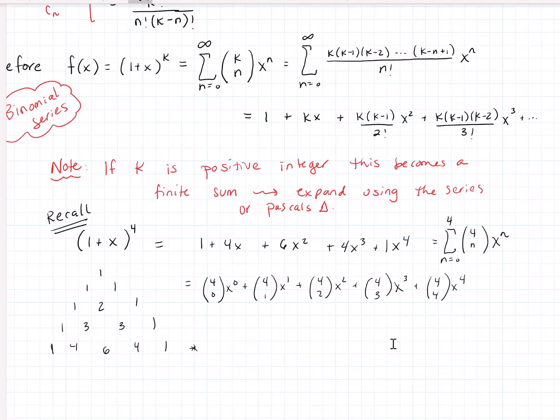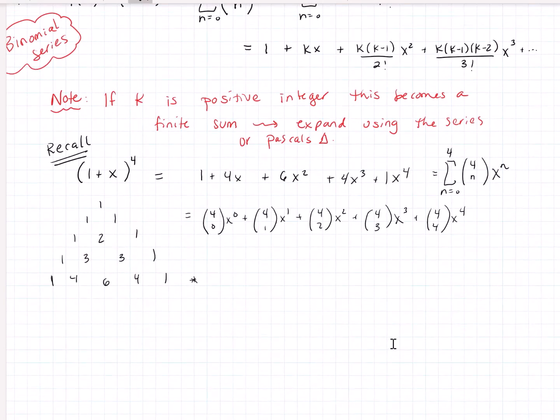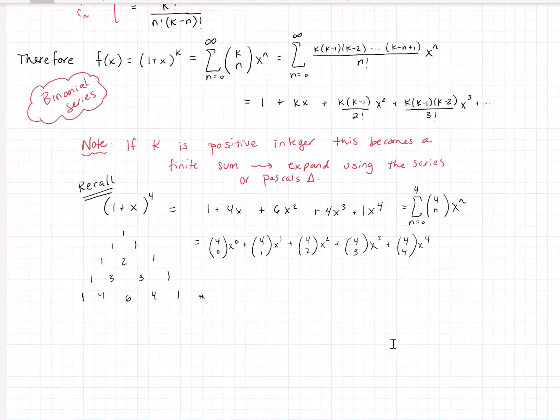So we could work that out, but I'm going to leave it at this. I just wanted to make that quick note before we go back and find the radius of convergence. That is a little interesting fact. We're going to be more interested in the infinite sums, when this power here is not a positive integer.